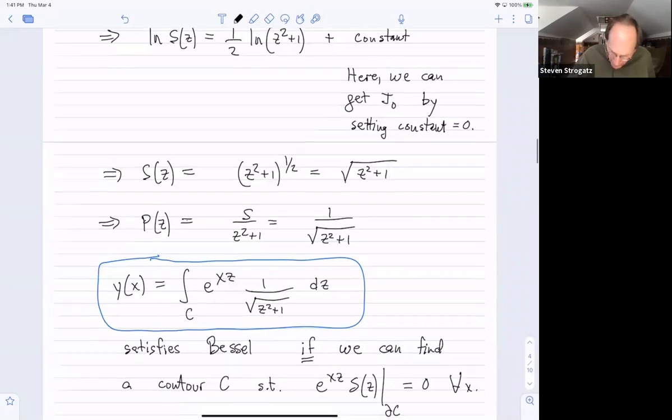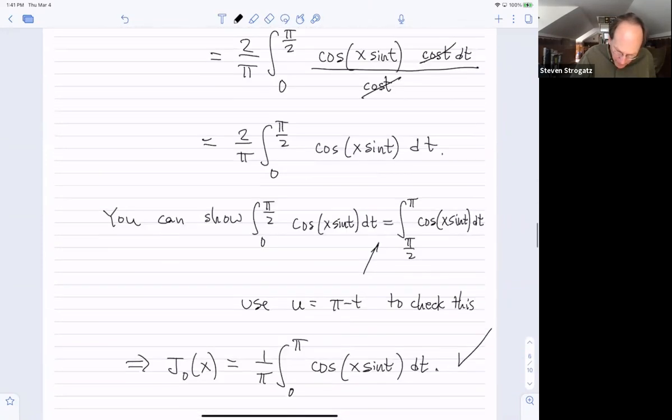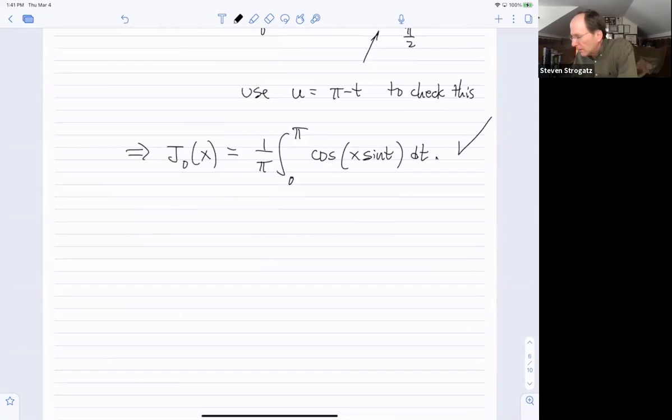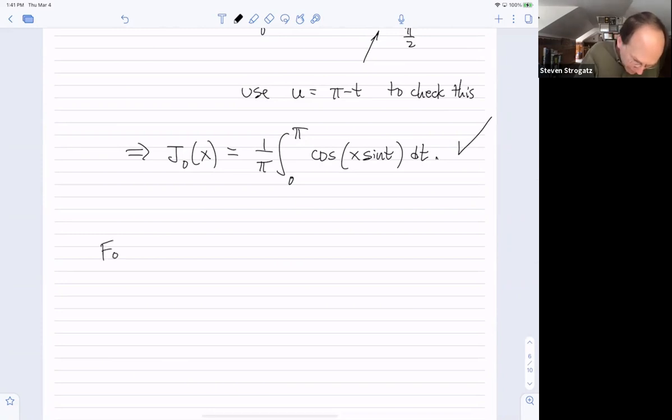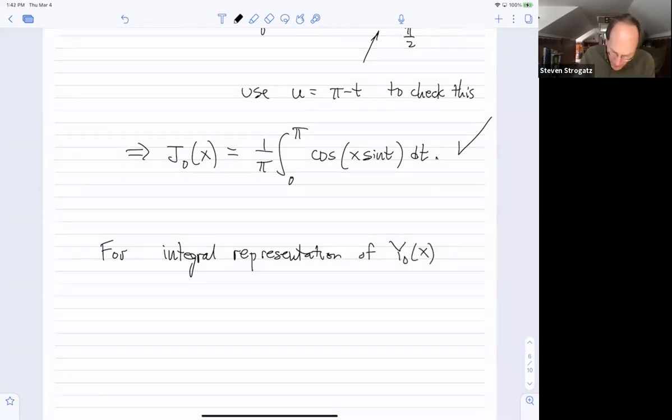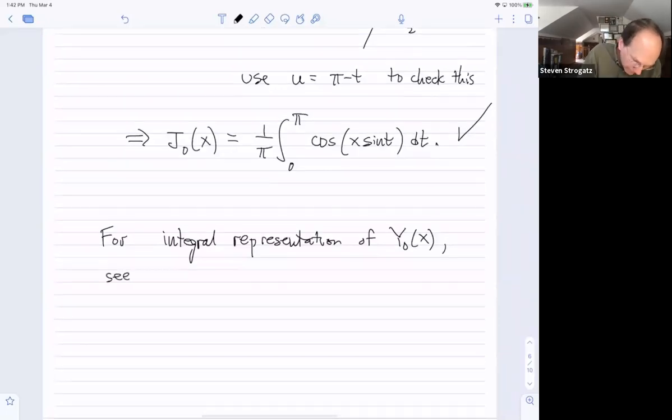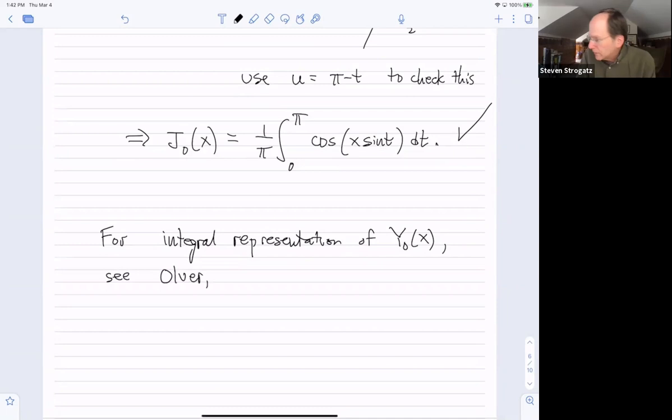So in the book by Olver, maybe I'll just write a little reference, because this question has come up in previous years. So I'll just record for posterity, if you want to learn how to do an integral representation of that singular special function that satisfies Bessel's equation, see the book by Olver called, let's see what it's called, I actually have it here, Introduction to Asymptotics and Special Functions.